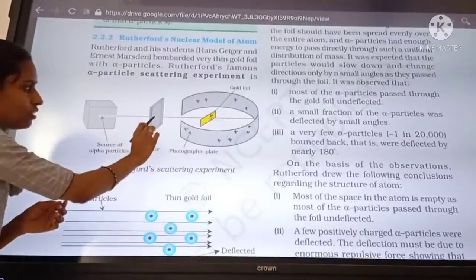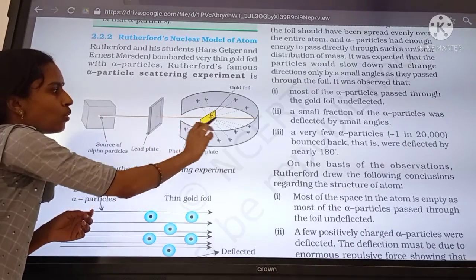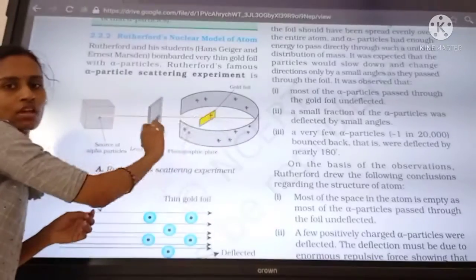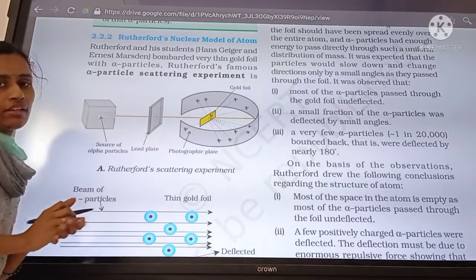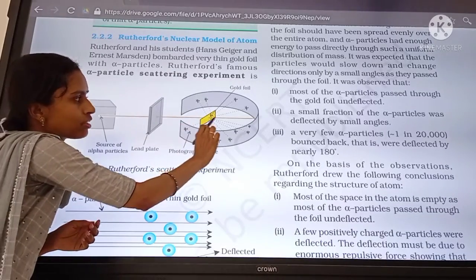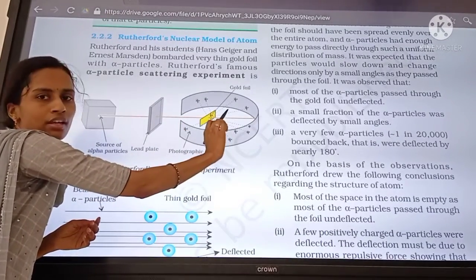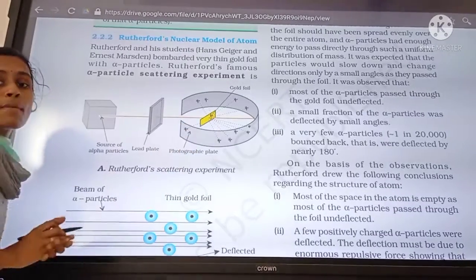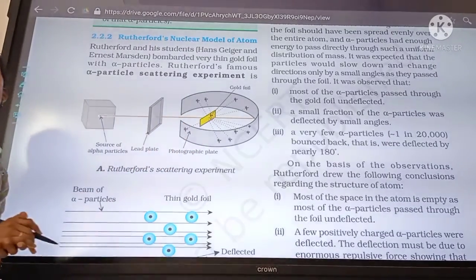If you observe the alpha particles, some pass through the thin gold foil and some are deflected. This is straight, so they passed through the gold foil, some are deflected by some angle, and some are deflected through 180 degrees.